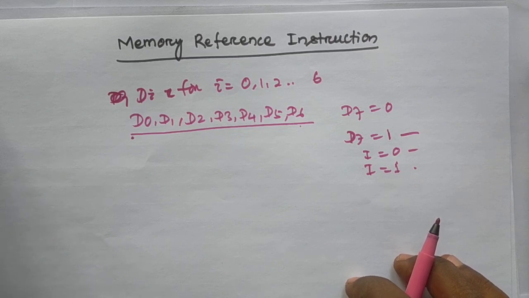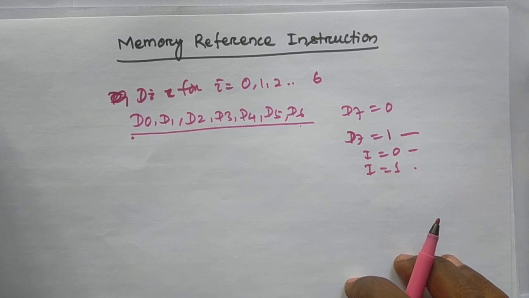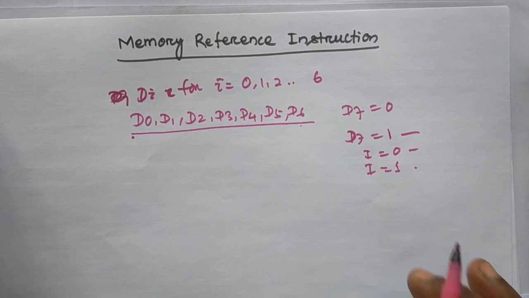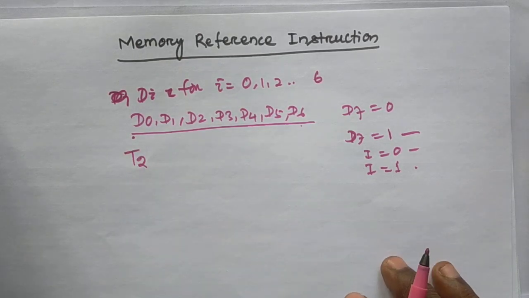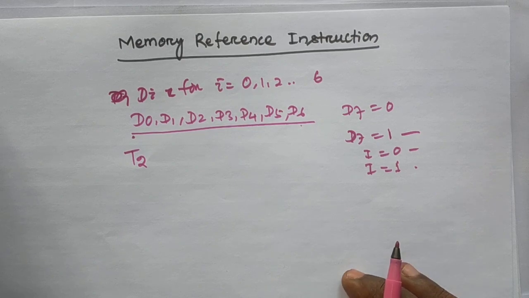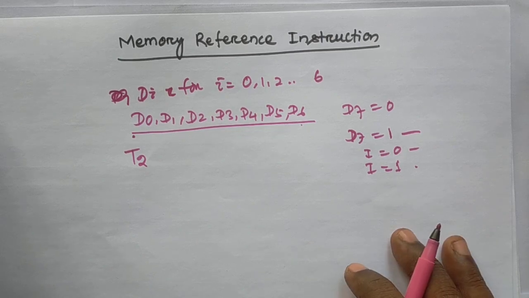Okay, and there is another concept. Whenever I go through memory reference, the effective address of the instruction in the address register is placed into the memory. Okay, and it is done through T2 time. We have already discussed T2 time, whenever decoding the operation for memory reference. Whenever it is T2 time, it has two ways we can define: I is equal to 0, I is equal to 1.